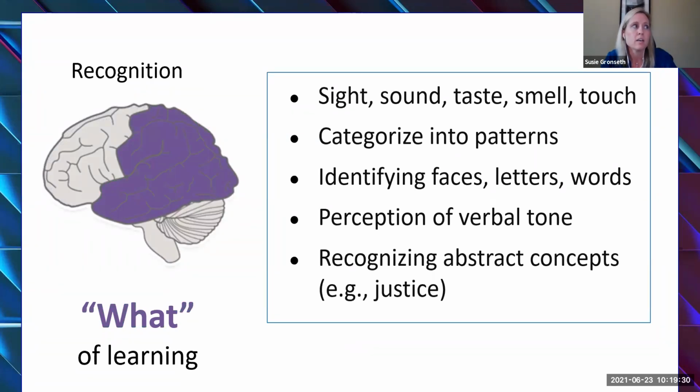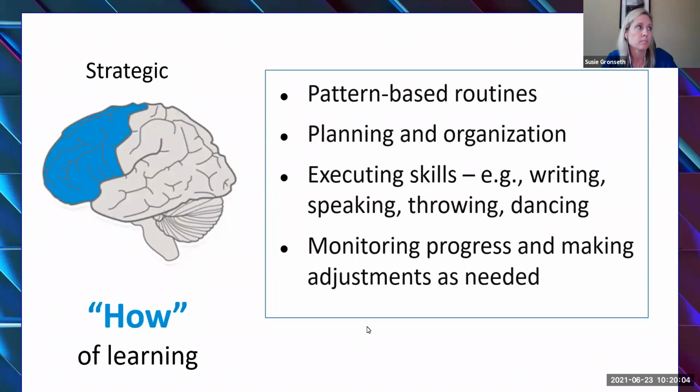In recognition, this has to do with our senses: sight, sound, taste, smell, touch. It's where we categorize the information into patterns to make sense of it. Those patterns help us recognize faces, letters, words. We get information through the way verbal tone is expressed, and it's where abstract concepts come in, like how we can recognize justice or injustice.